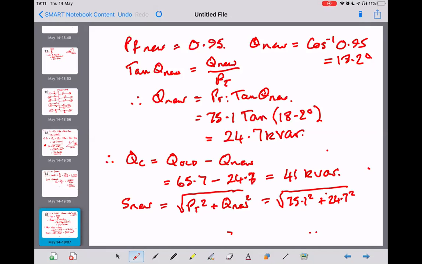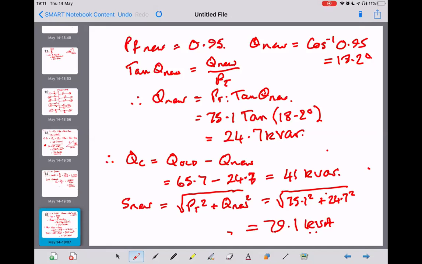And that has given me 79.1 kVA. Everybody follow that for a couple of marks? Yeah, fine. You'll see where the Q new comes from, or where the Q being supplied by the capacitor comes from.